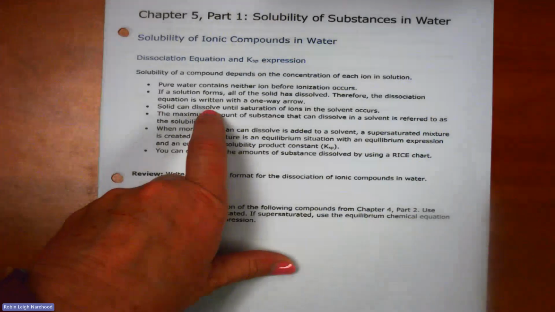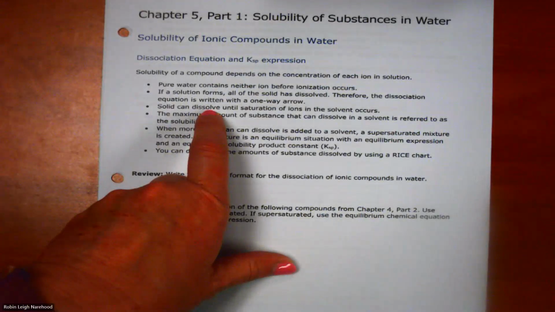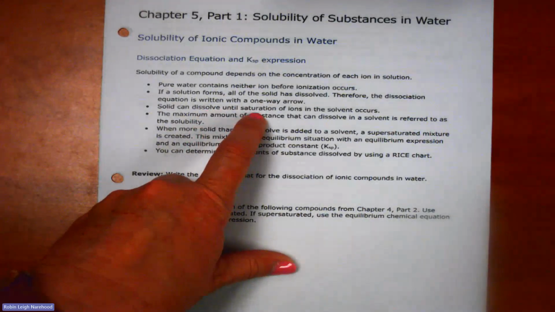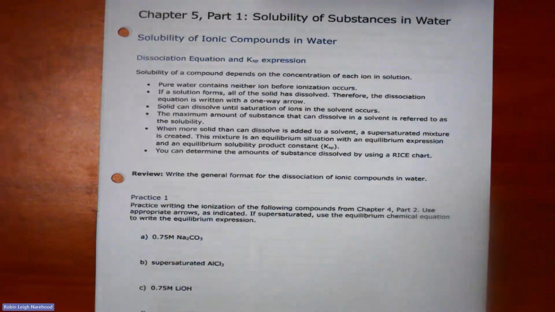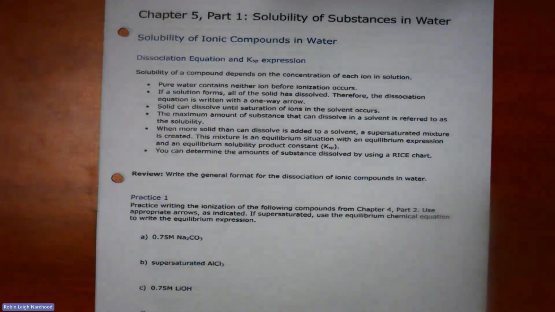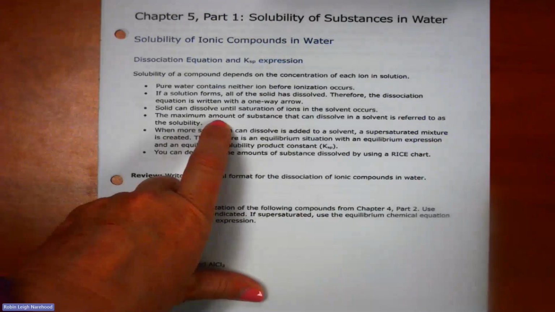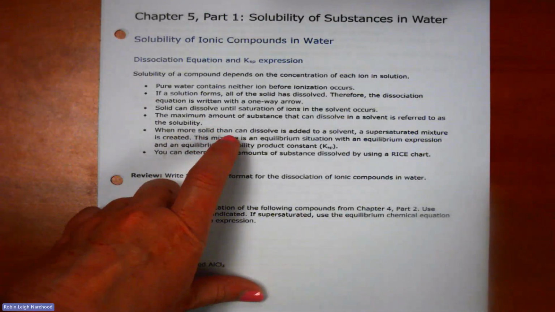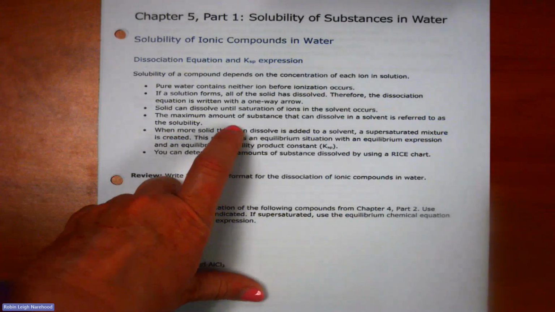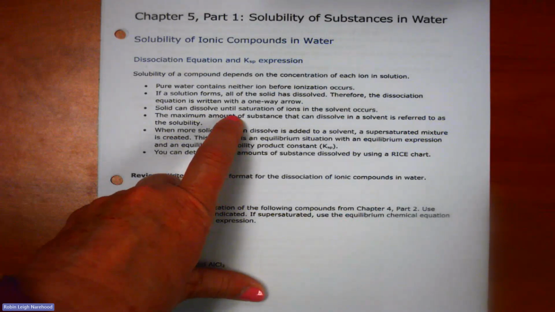However, if you reach what's called saturation, which is the most solid that can dissolve, and you go past that and add more than the maximum amount, then you're going to reach supersaturated, which is going to be equilibrium. Up to when it gets saturated, you can keep adding solid and it will keep dissolving.